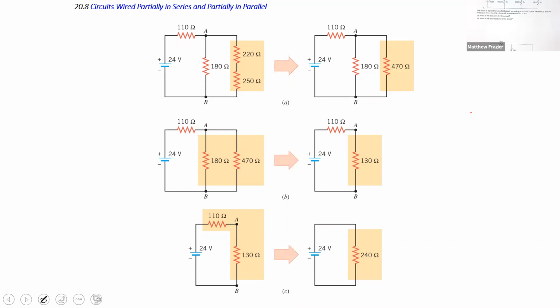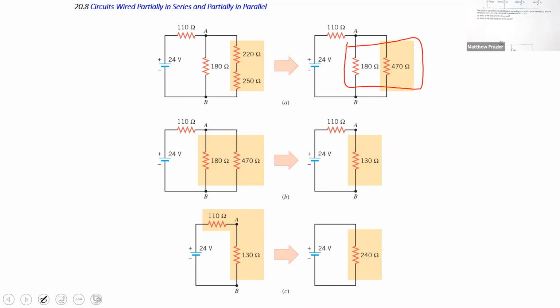Then I see the 180, it's on its own. I'm going to have to add it to something in parallel. So I leave it, and I look at the other one, 220, I can add to 250. And it's in series, and that makes sense to add those. So I add those, and I get 470. And now I can identify these two to add.